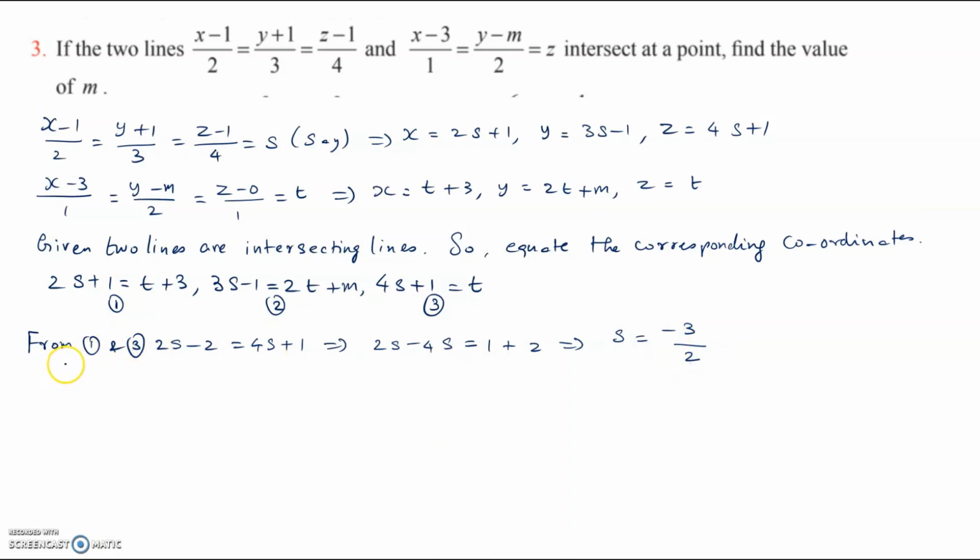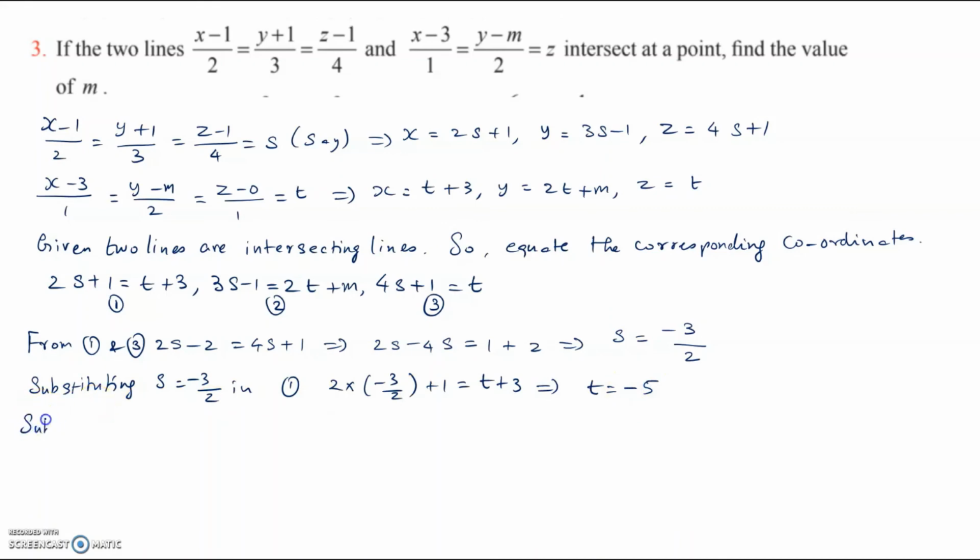Now, substituting s is equal to minus 3 by 2 in equation 1, we get 2 times minus 3 by 2 plus 1 is equal to t plus 3, which implies our t will be equal to minus 5.